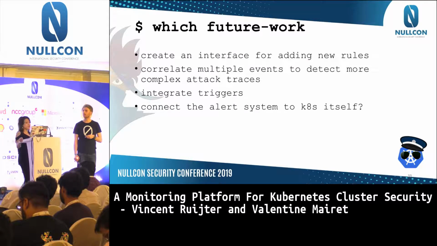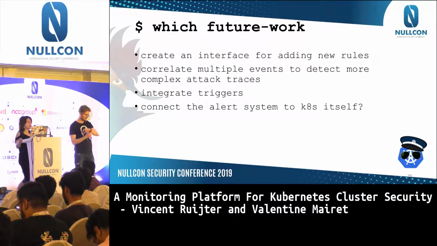With future work, we could create an interface for adding and deleting rules, correlate multiple events to detect more complex attack traces, or even follow an attacker throughout his or her movements in Kubernetes. We could also integrate triggers.